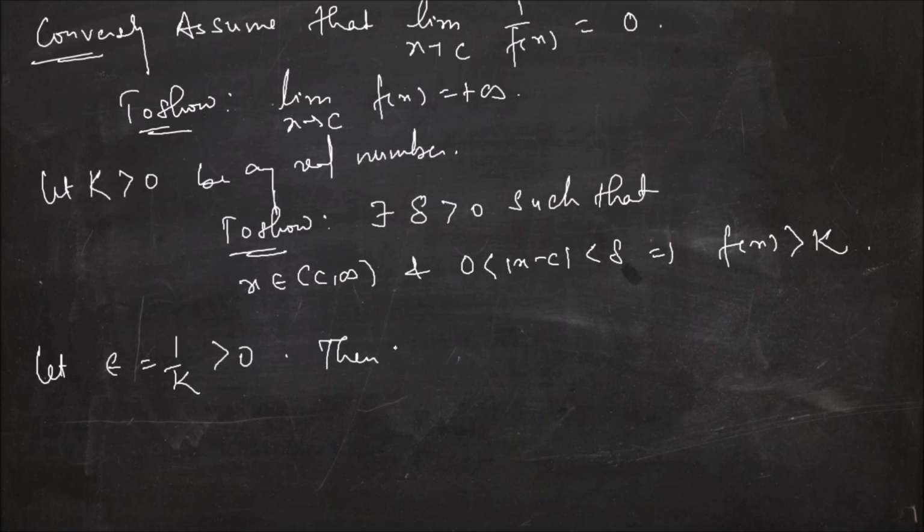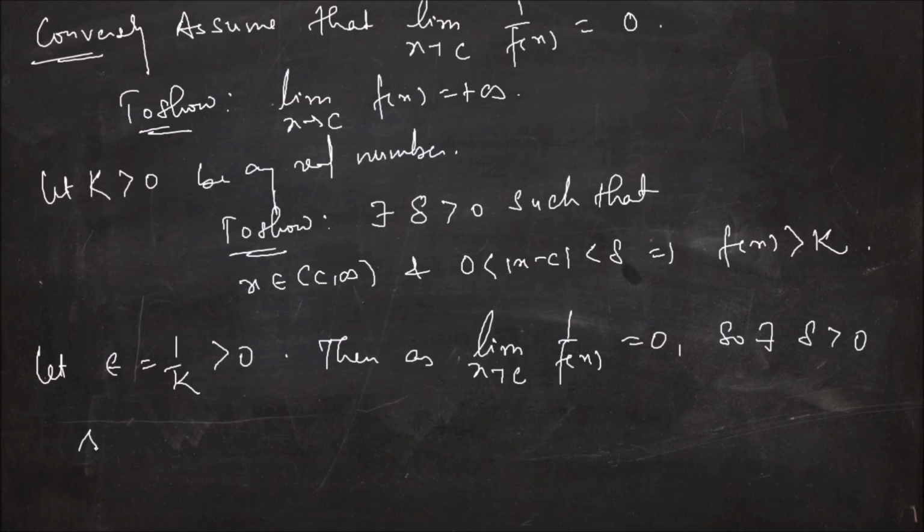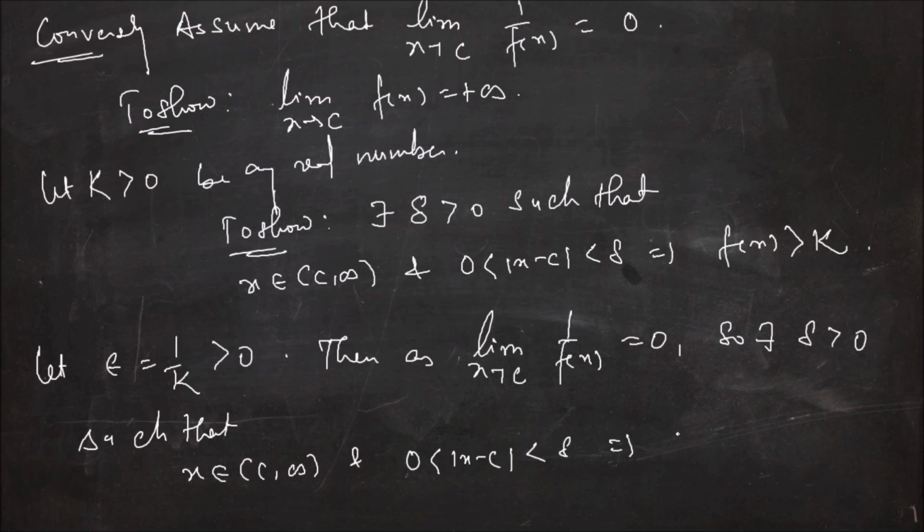Then as the limit as x tends to c of 1 by f(x) is equal to 0, there exists delta greater than 0 such that x belonging to (c, infinity) and 0 less than x minus c less than delta implies modulus of 1 by f(x) minus 0 is less than epsilon.